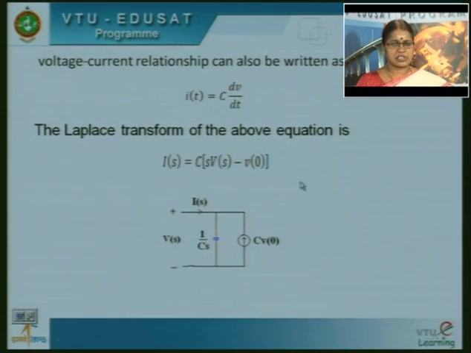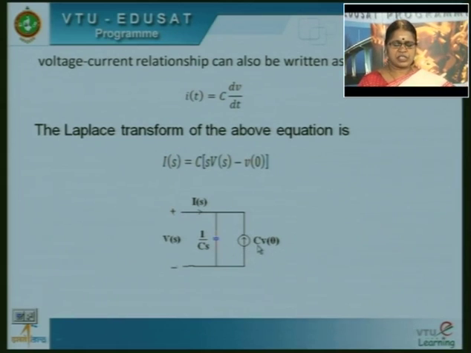So, this equation can be translated into an equivalent circuit having a source voltage V(s), whereas the total current drawn from the supply is I(s), and this total current can be written as the sum of two currents: the current supplied by a current source, and the current flowing through an impedance of value 1 by Cs. So, it has an impedance 1 by Cs in parallel with the current source whose value is C into V(0).